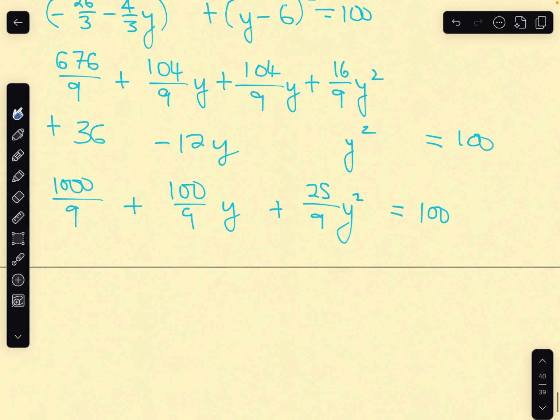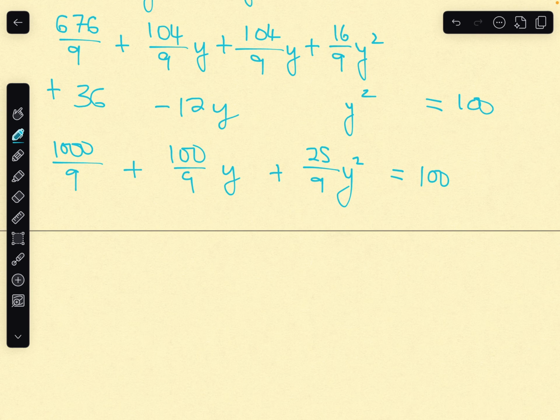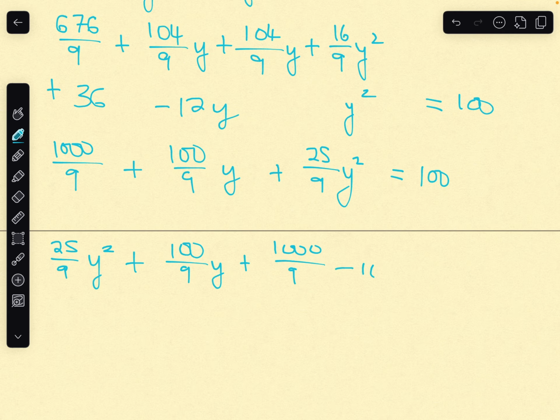And this is now a quadratic equation, so I'm going to get everything onto one side. So 25 over 9y squared plus 100 over 9y plus 1000 over 9 minus 100 is equal to 0.